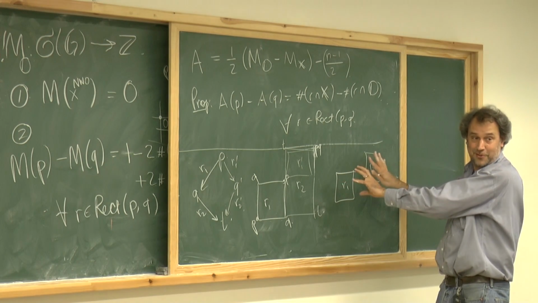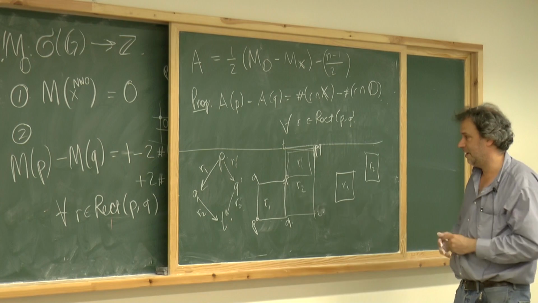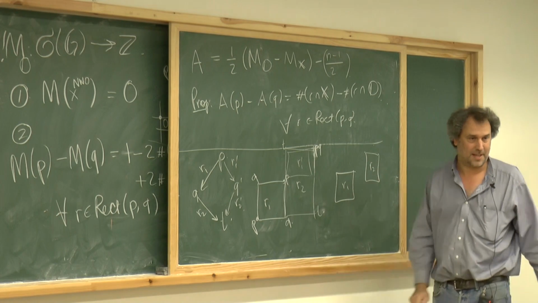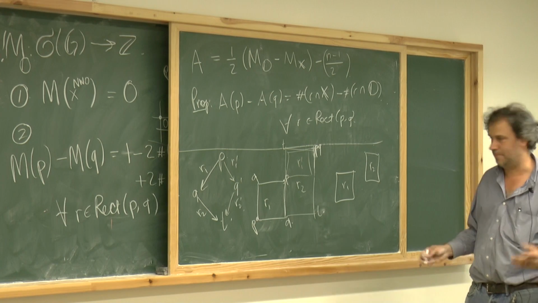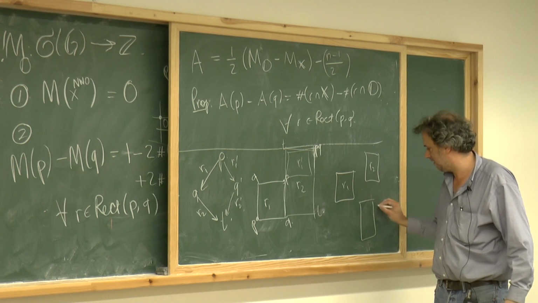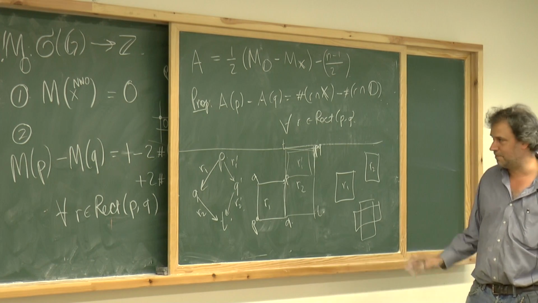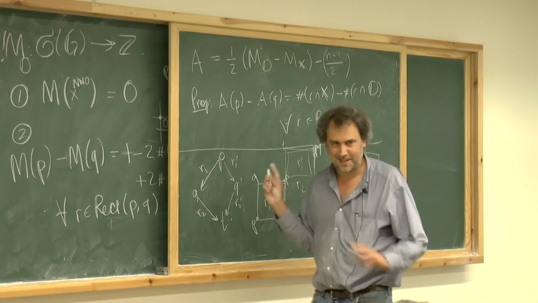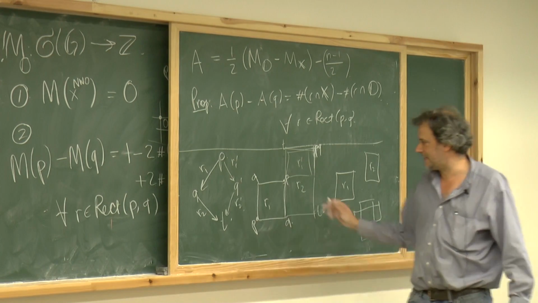I can just do them in the other order. I can do this one first and then this one. And so again, we see canceling pairs. And there are other cases. This is just like this. So okay, D squared equals 0. And by the way, this is an elementary argument. Not hard to write down all the details.